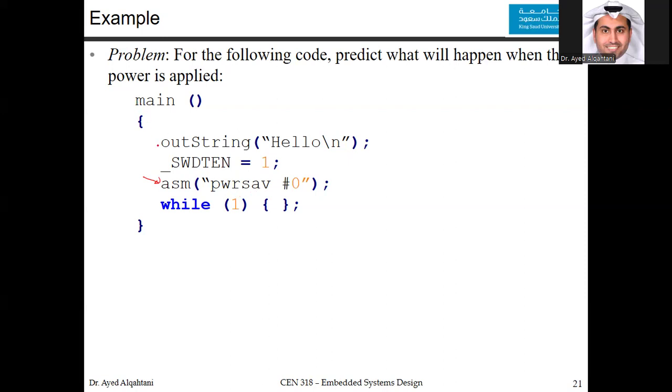So what happens, it will go here, it will execute this instruction, and then goes to sleep mode. And it will stay in the sleep mode until the watchdog timer expires. So now from this understanding, this is what should have happened.